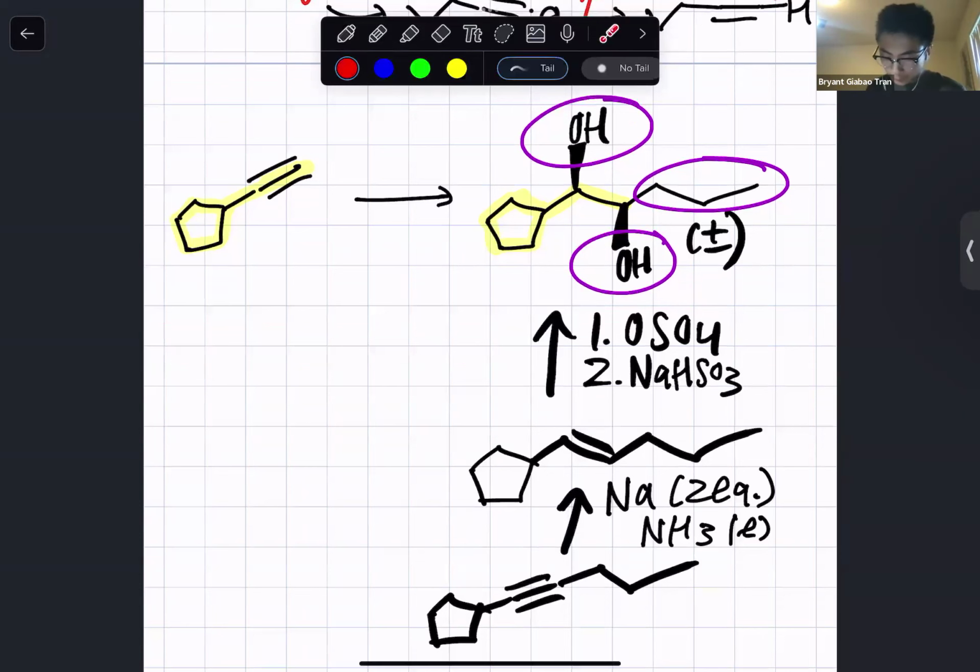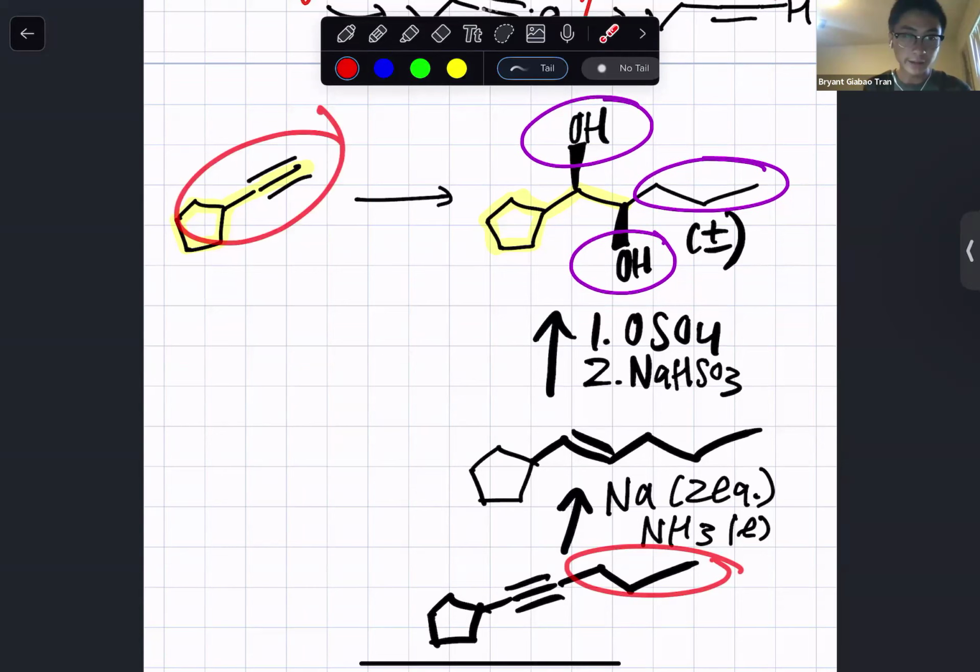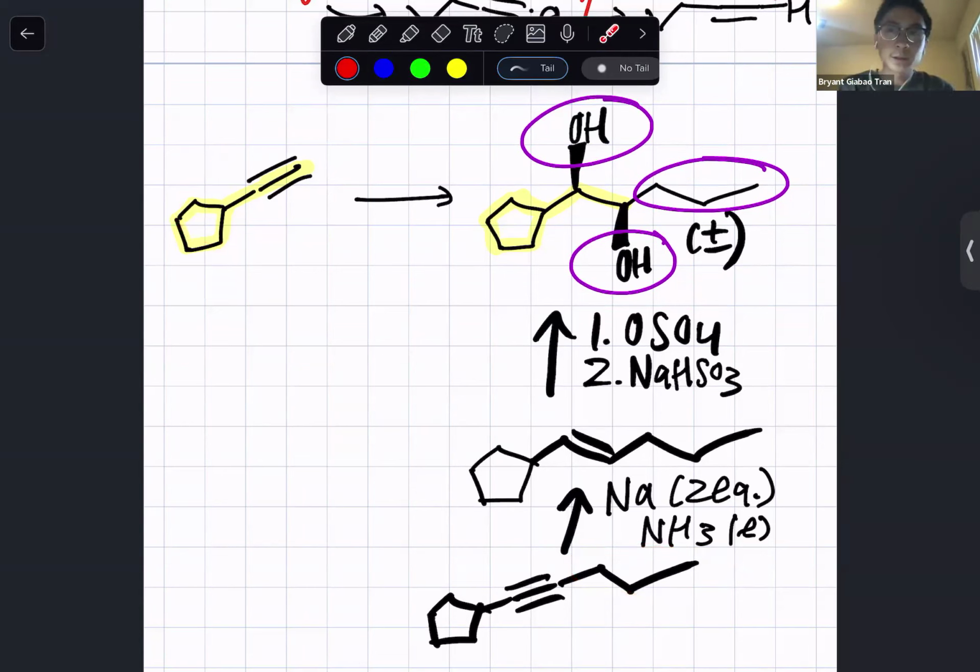Now we have to figure out how to add this extra R group on this terminal alkyne here. We know that we added an extra carbon-carbon group, which back in 1A, the reaction that does that is Grignard reagents or reactions. But in this alkyne chapter, there's another way. We could make this terminal alkyne nucleophilic by giving it a negative charge.